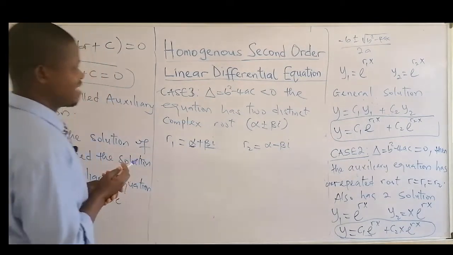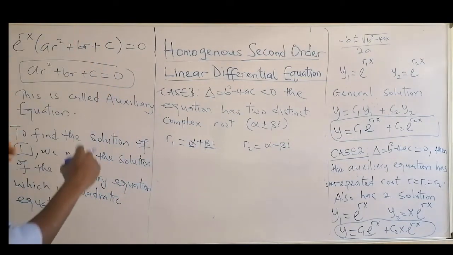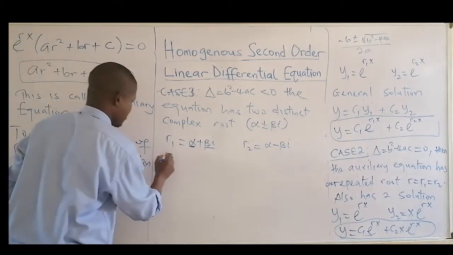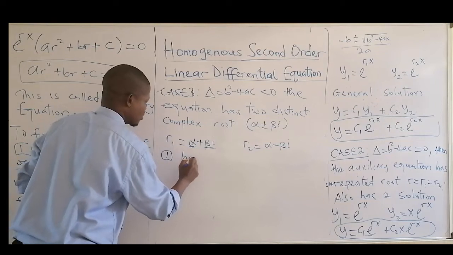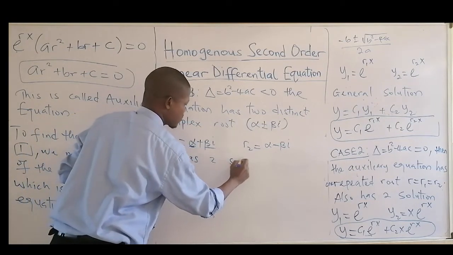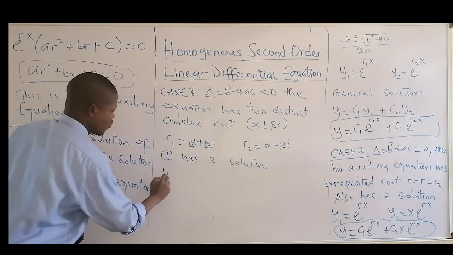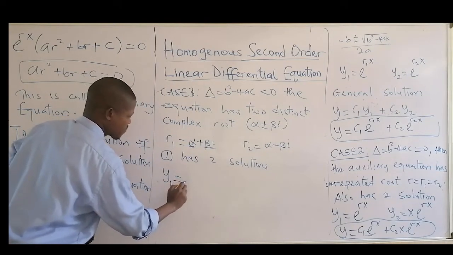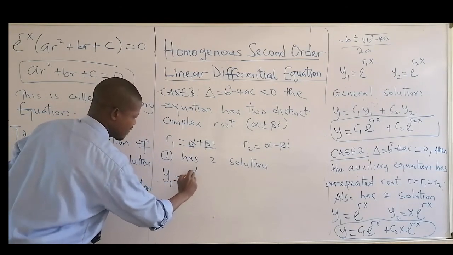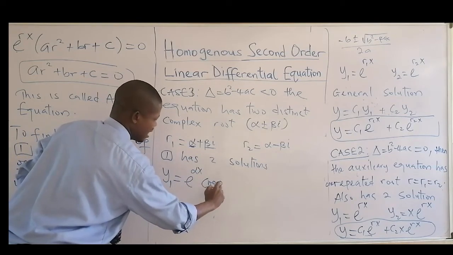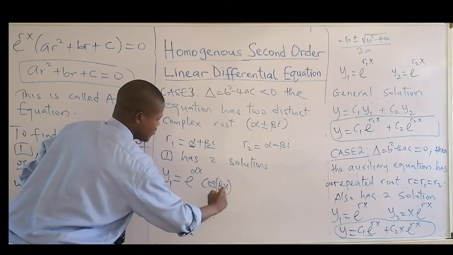So then we can get the solutions also. Equation one has two solutions, and let's see those solutions. The y1 will be equal to e to the alpha x cos beta x.